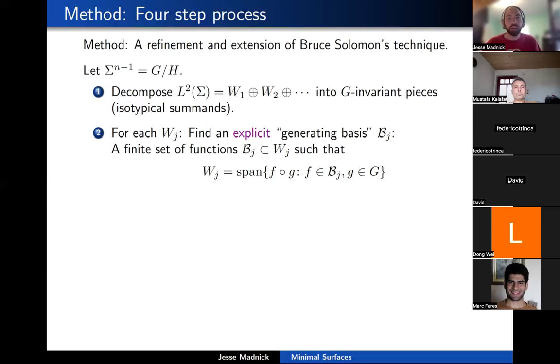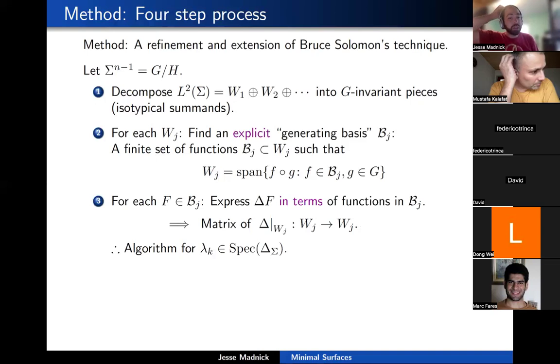So you want to find an explicit finite set of functions, B sub j, such that Wj is the span of not the f's, but f composed with g's. This is where the geometry really comes in. This is the most geometric part of the 4-step process. This is where you really need to know something about the geometry of the objects that you're working with.